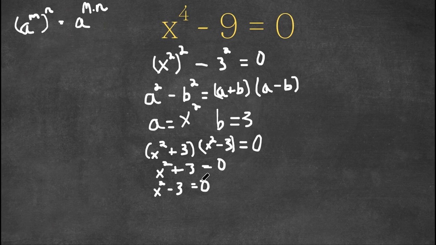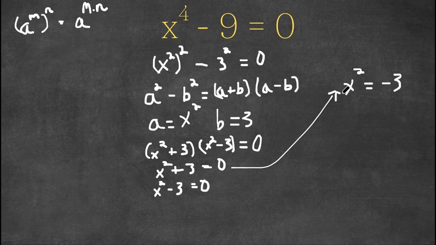For x squared plus 3 equals 0, we're going to subtract 3 on both sides. If we subtract 3 on both sides, we get x squared is equal to negative 3.